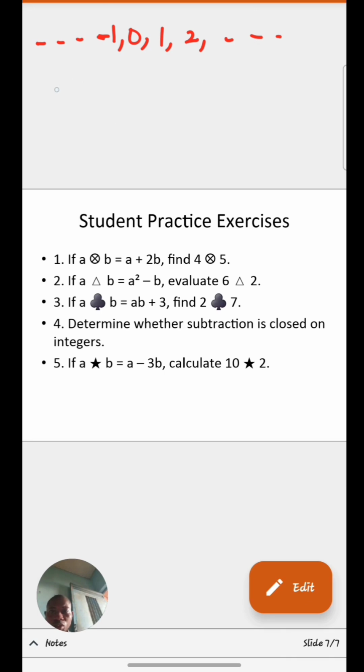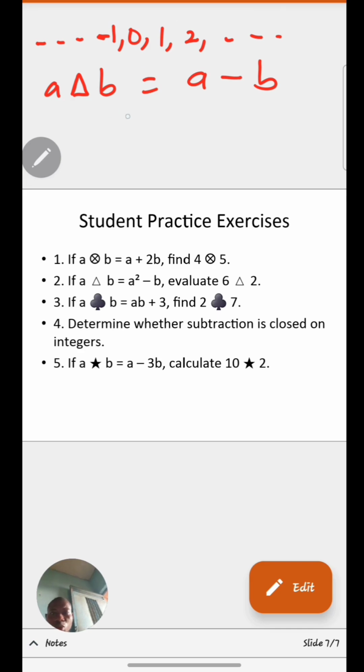Let's pick another one offhand. Let's say A operation B is equal to A minus B, and A and B are elements of integers.